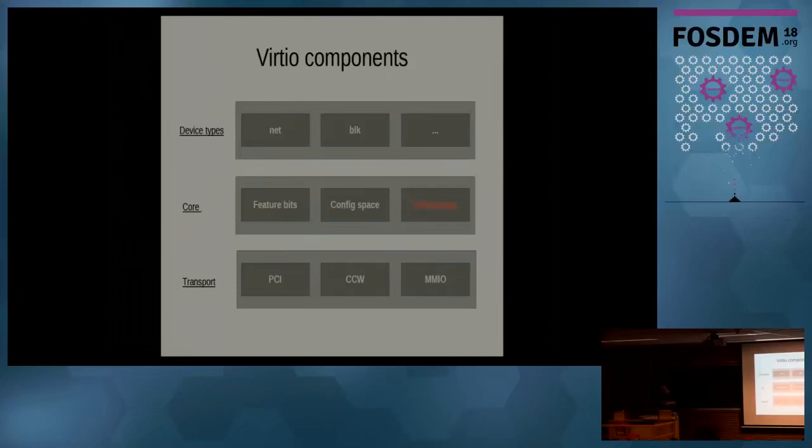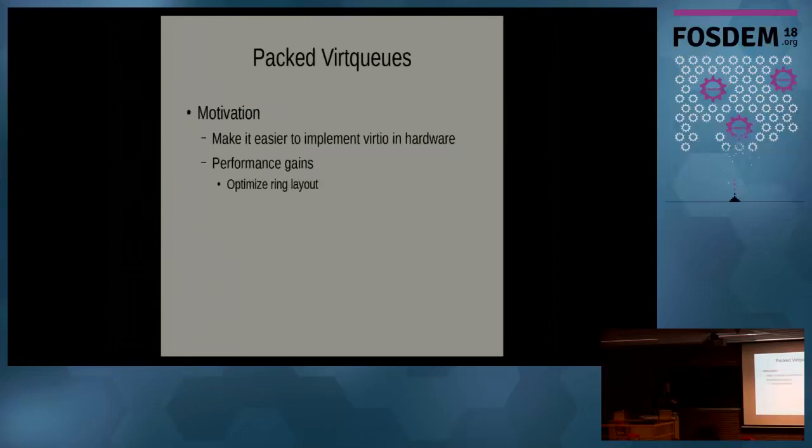So we want to add a new kind of virtqueue. Why do we want to do this? The way virtqueues are defined until Virtio 1.0, and I'll call them split virtqueues from now on, as opposed to packed virtqueues, they're not really fit for a straightforward implementation in hardware. I've been expecting hardware support for Virtio for quite a while, and it never happened.